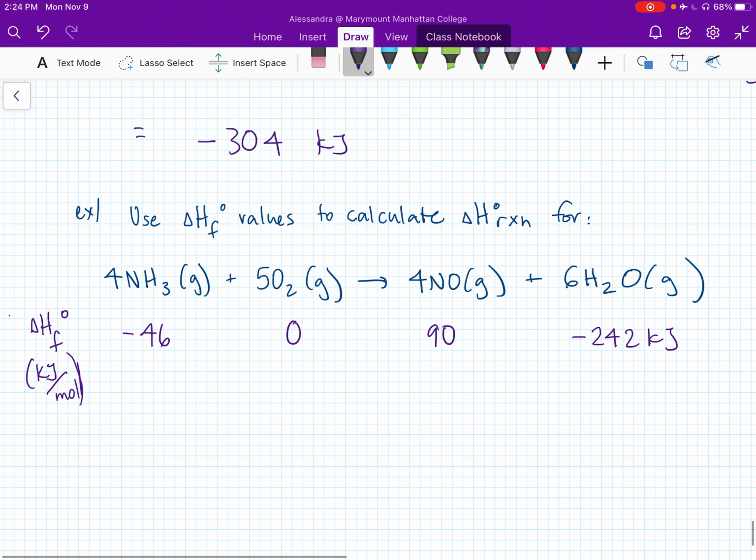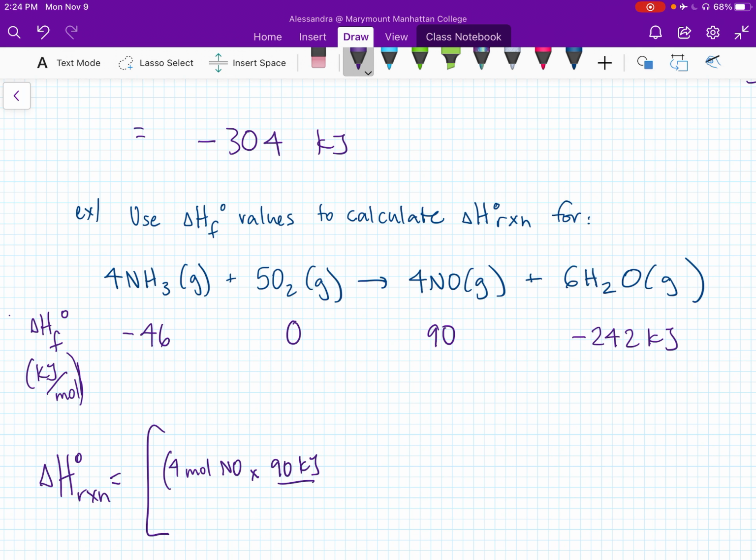So I want to put this into that equation to calculate the standard enthalpy for a reaction. I'm going to start with the products. I have 4 moles of NO times 90 kilojoules per mole, summed with 6 moles of gaseous water times minus 242 kilojoules per mole.